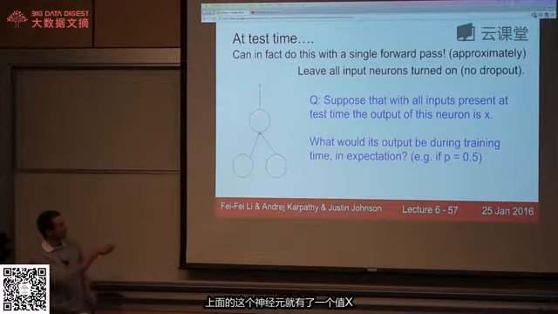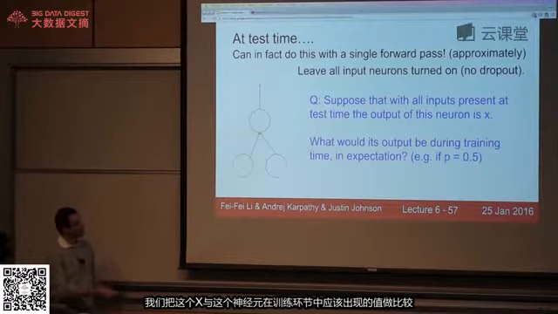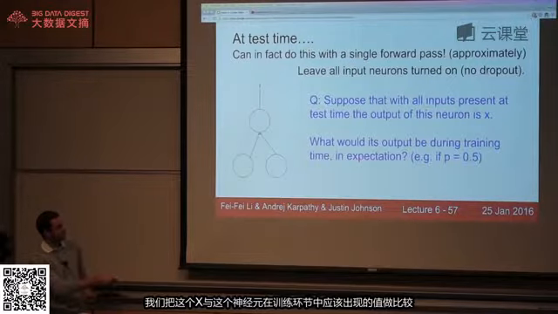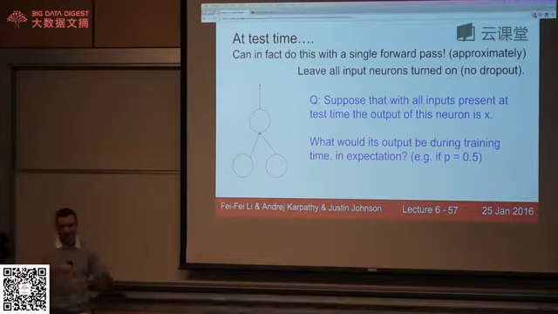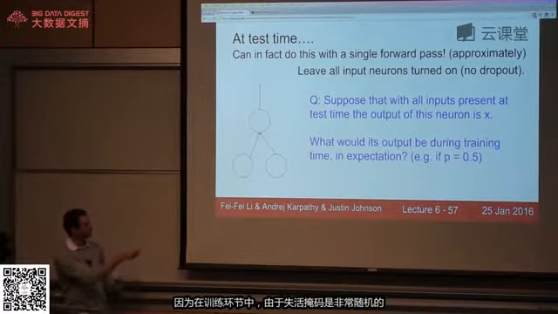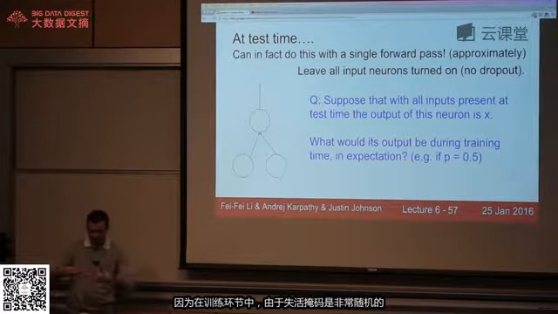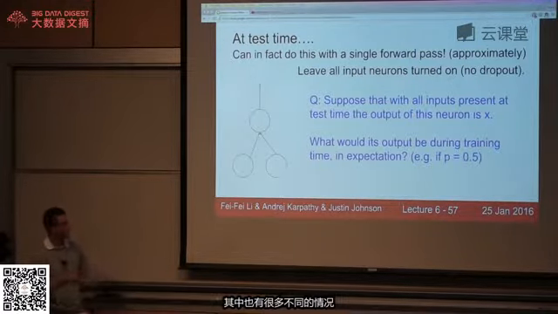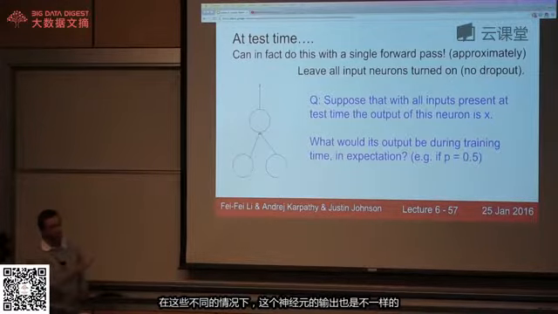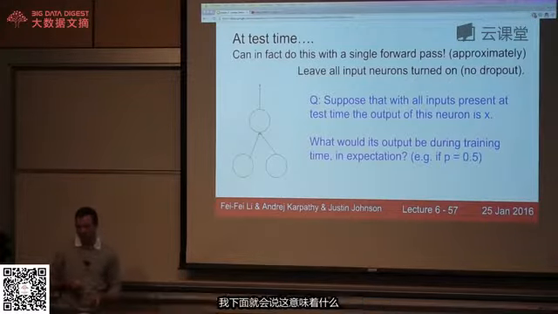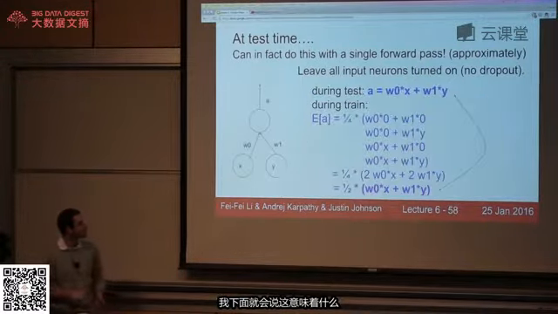You have to compare this value of x to what the neuron's output would be during training time in expectation. Because in training time, the dropout masks vary randomly, and so there are many different cases that could have happened. In those cases, the outputs of this neuron would possibly be on a different scale, and you have to worry about this.